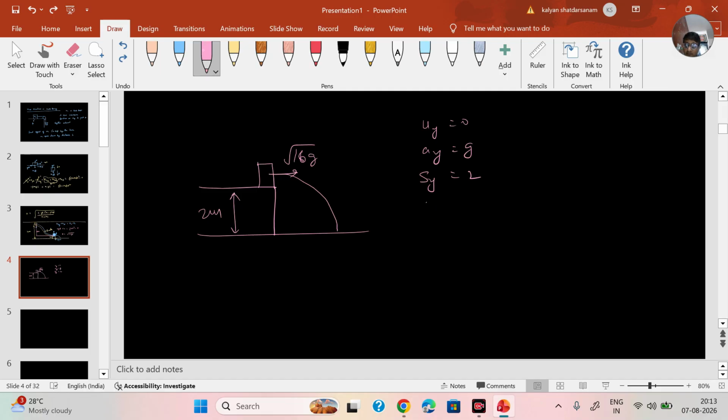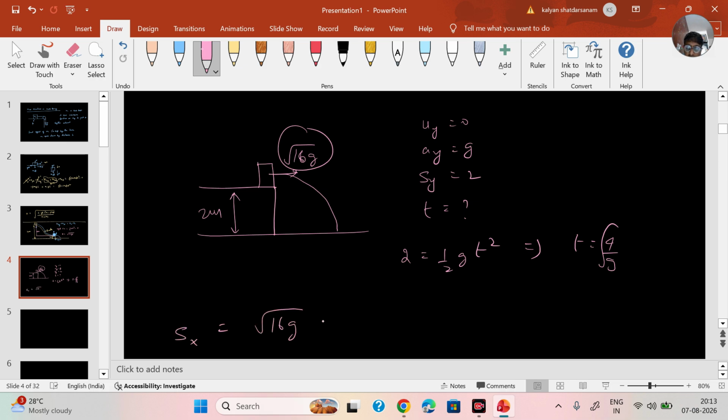And time is how much? So Sy is uy t plus half ay t square. uy is 0, so half ay t square, which implies t will be under root 4 by g. In that time, it is going horizontally. And what is the horizontal velocity? Root 16g. There is no horizontal acceleration. So x displacement will be horizontal velocity into time, ut plus half at square, which is 0 because ax is 0.